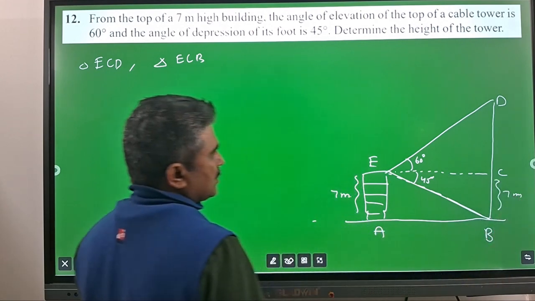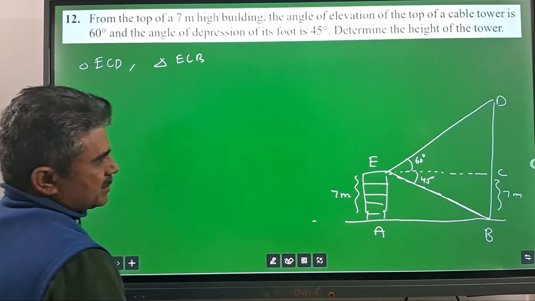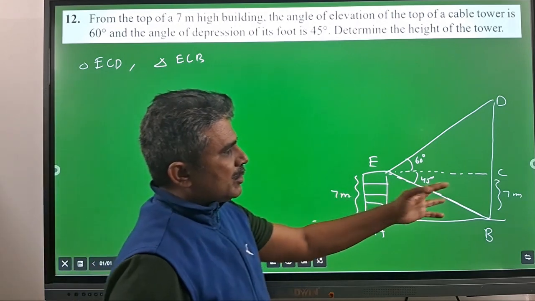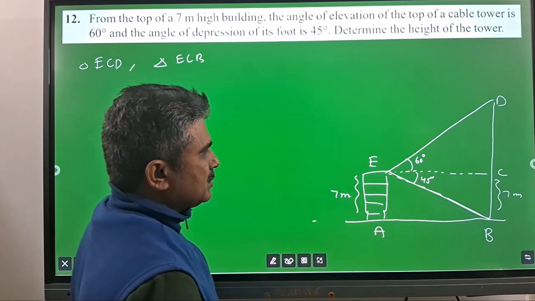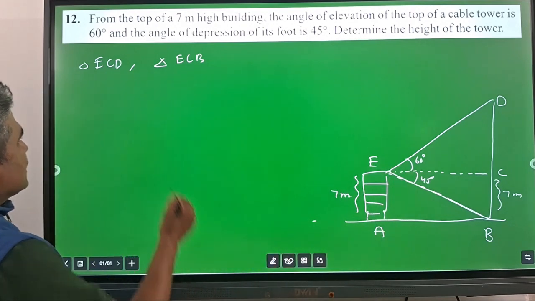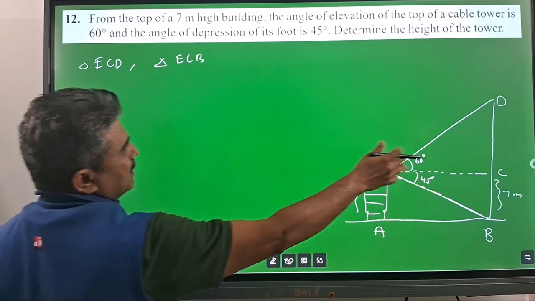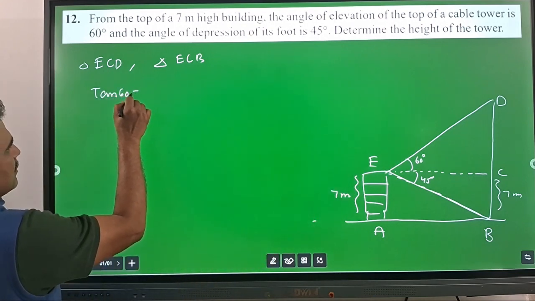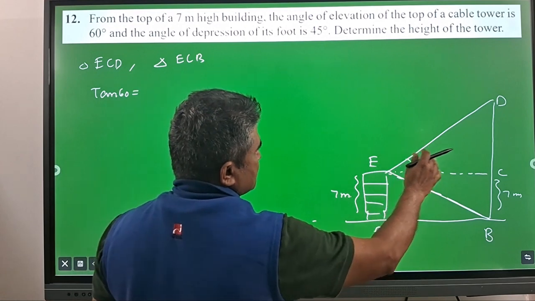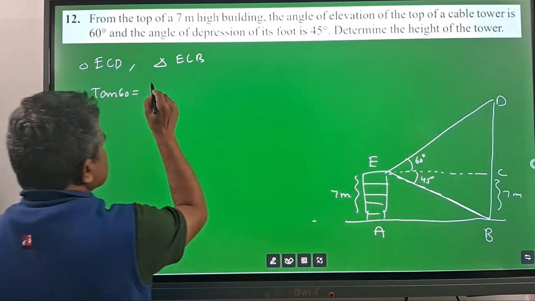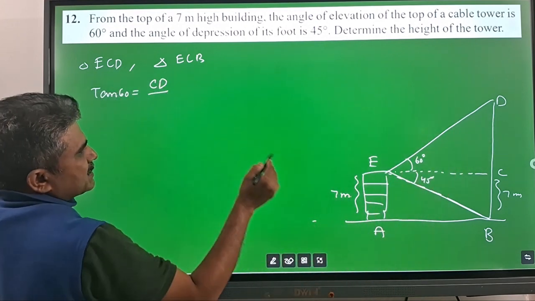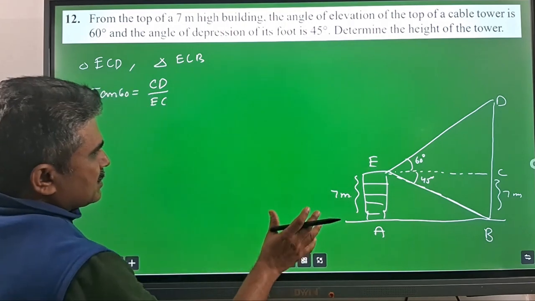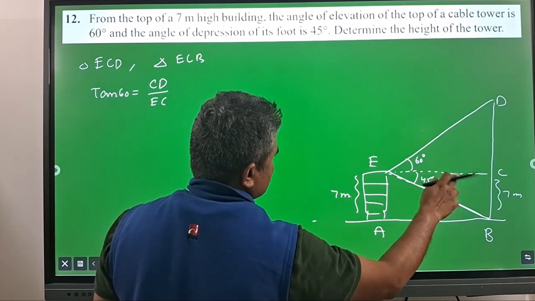Okay. So now I will consider the trigonometric ratios. Which trigonometric ratios do we need to consider? Here everything is related with opposite and adjacent only. So consider tan angles. In triangle ECD, tan 60 is equal to, for tan 60, opposite side is CD divided by adjacent side EC, and EC is a common base for those two triangles.